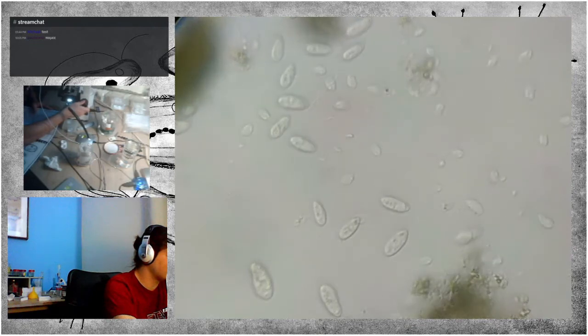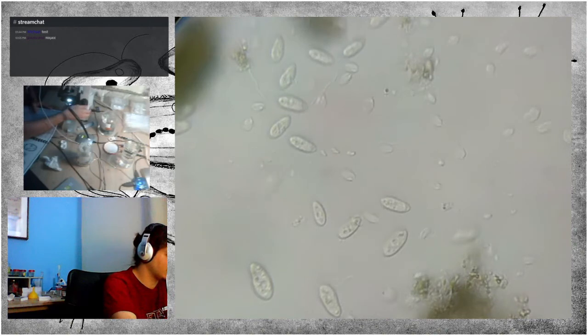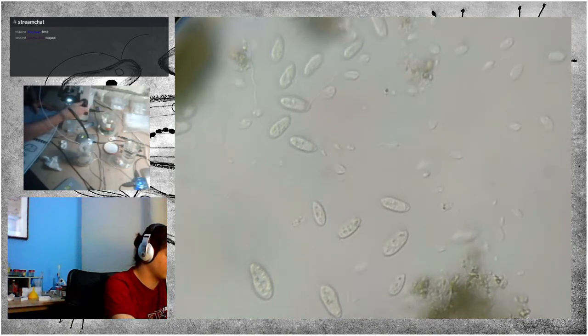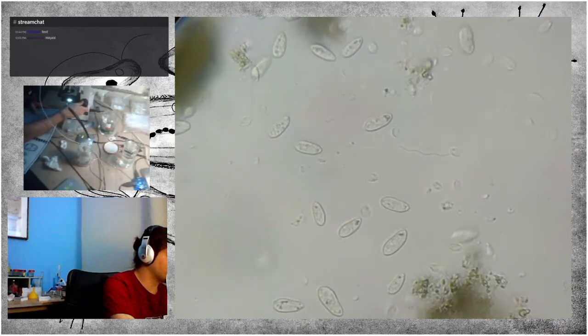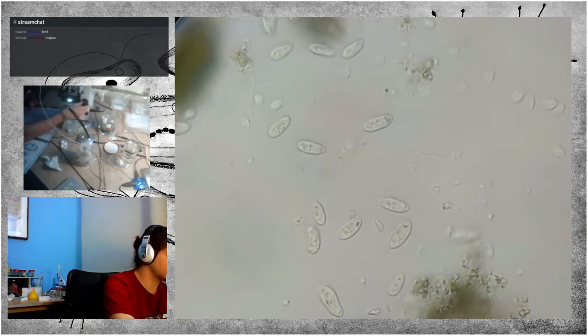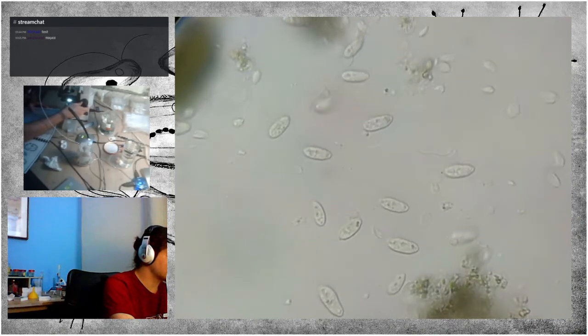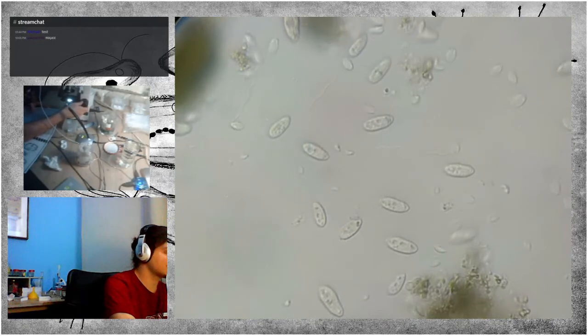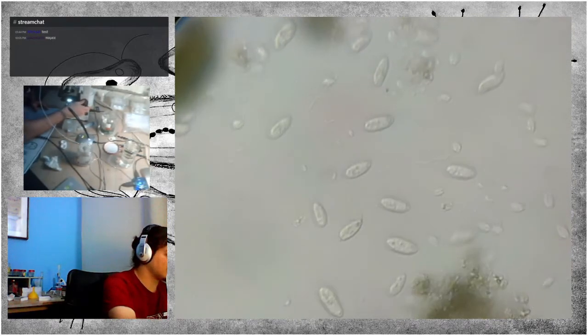Some of them can cause some diseases to humans, though I cannot remember which diseases. And they essentially move by spinning their flagellum, which is different, by the way, from the eukaryotic flagellum.